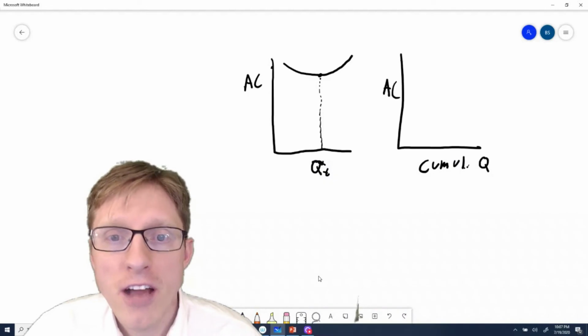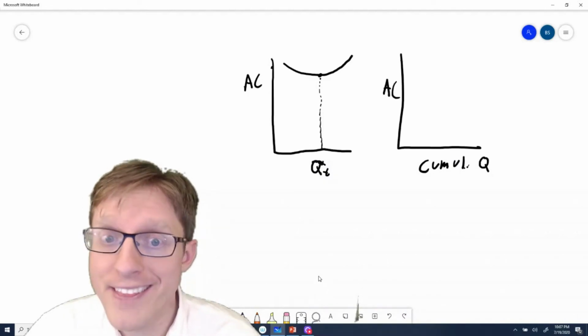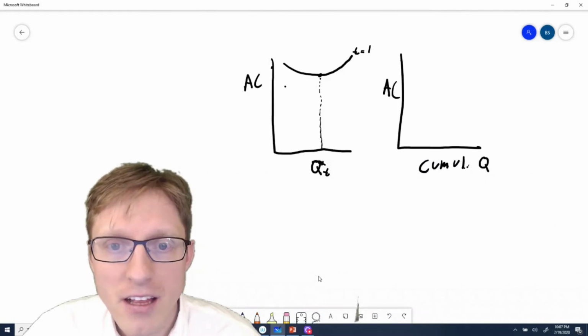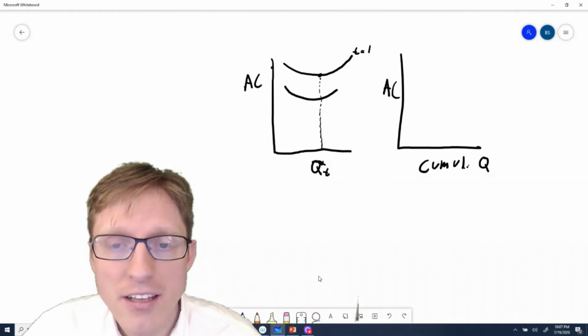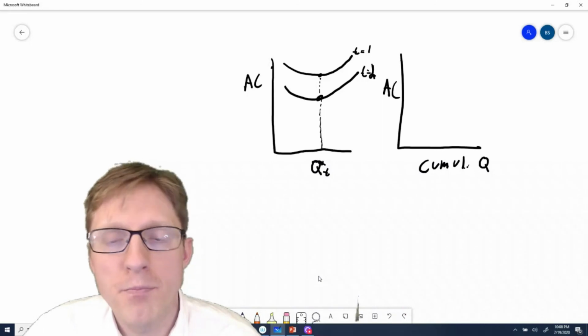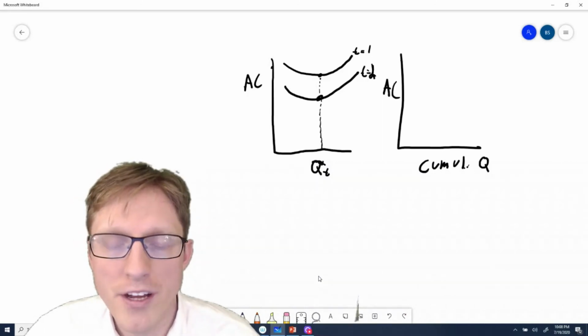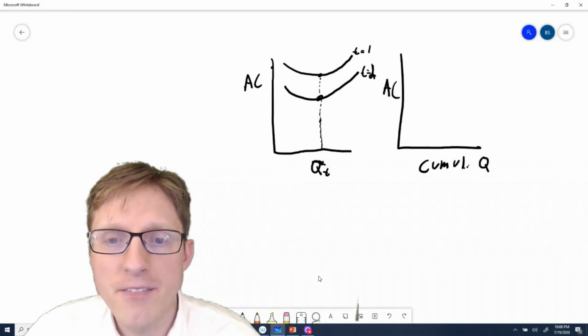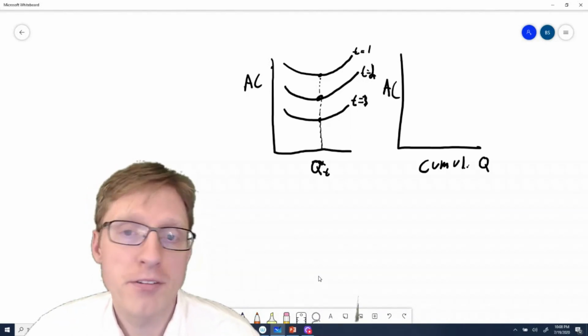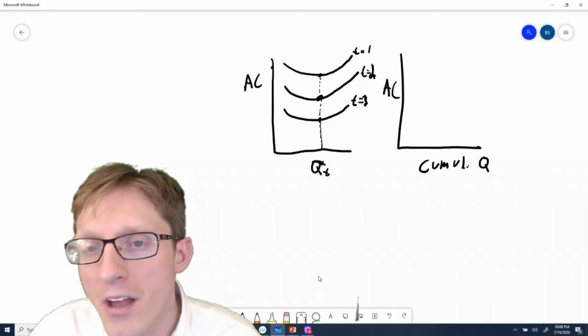And so the average cost of any level of output in the second period, I'll label this first one the first period, is now lower. Suppose they produce at this same quantity here, and then in the third period, the average cost function is again lower, and so the cost of producing a given level of output goes down each period as they learn more.